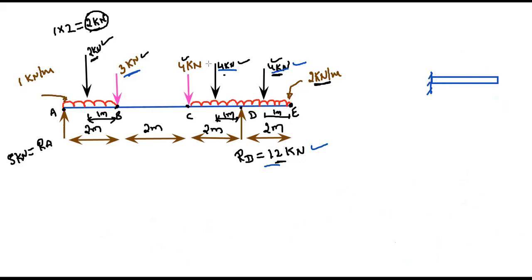If the forces are acting in the downward direction, it creates a hogging moment, hogging in the sense negative. It tries to bend the beam in clockwise direction. So clockwise we treat as negative if you are considering from the right side.